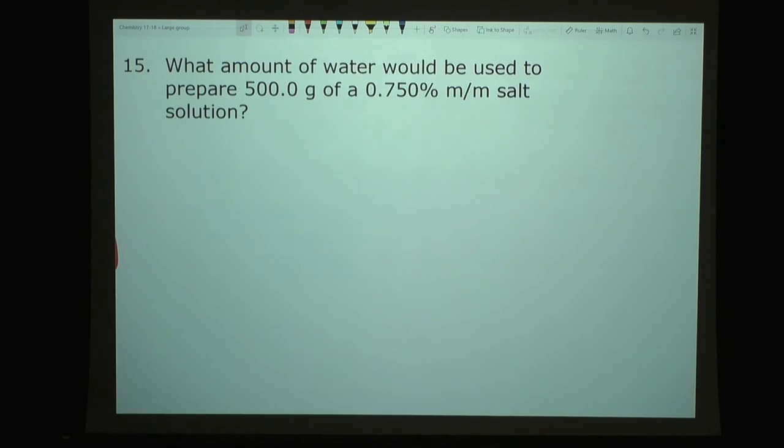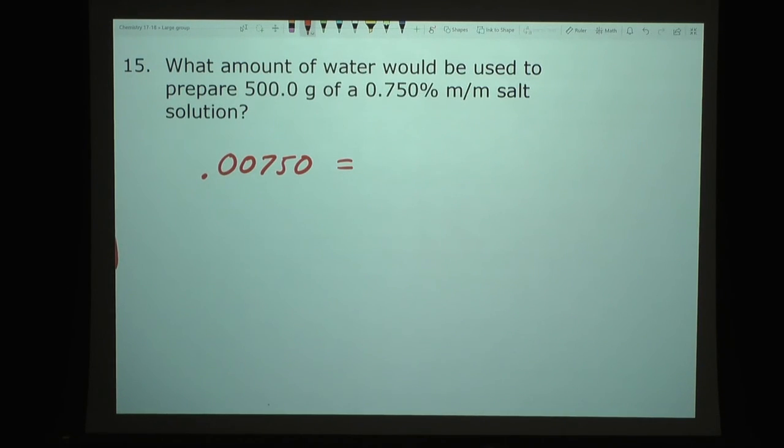Now, we're going to make the solution. The percent is what? What's that number as a decimal? 0.0075. That's the percent as a decimal.